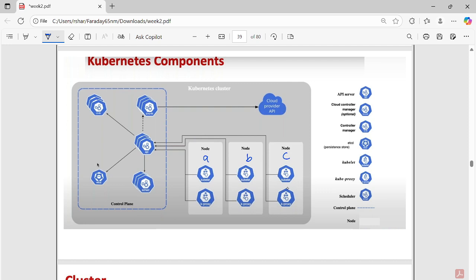So when we deploy in a cluster, what effectively happens is we have to actually manage all these nodes. In this diagram, we are seeing that there are 3 nodes. Now these nodes are supposed to be in the cluster, and these nodes are linked to the cloud through the control plane.